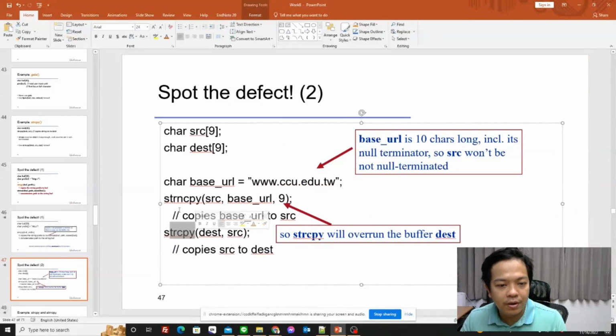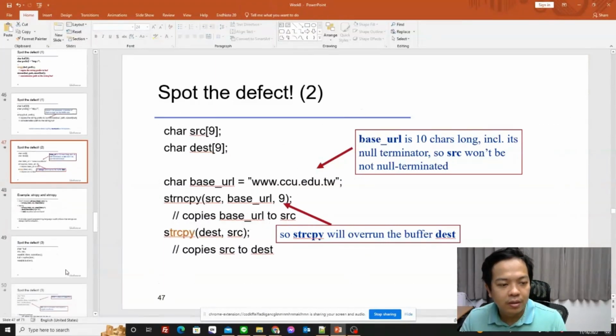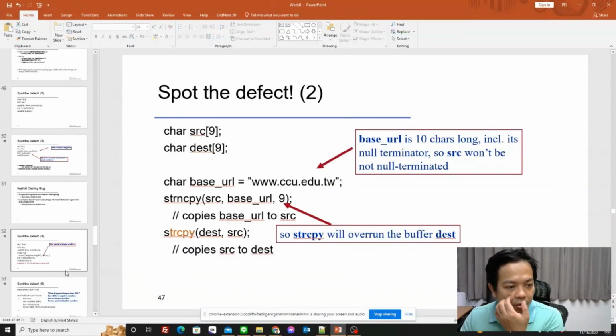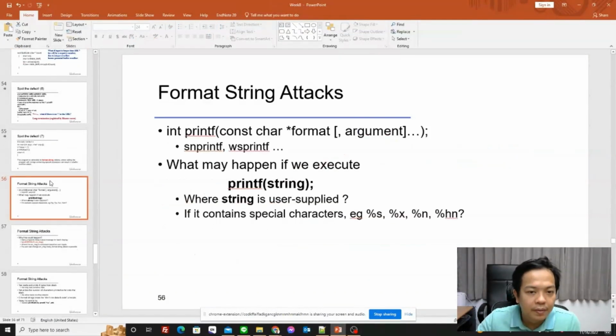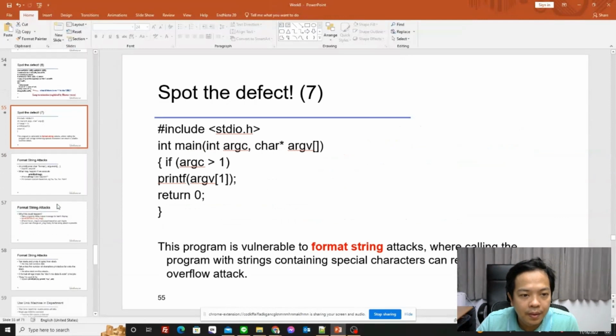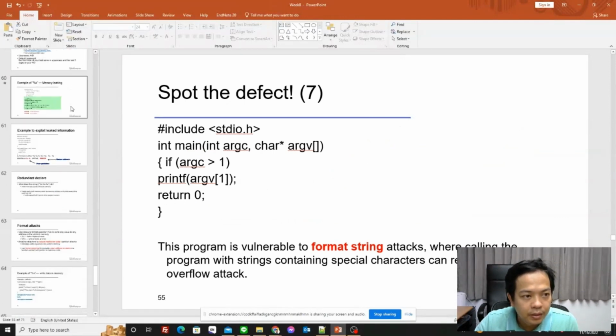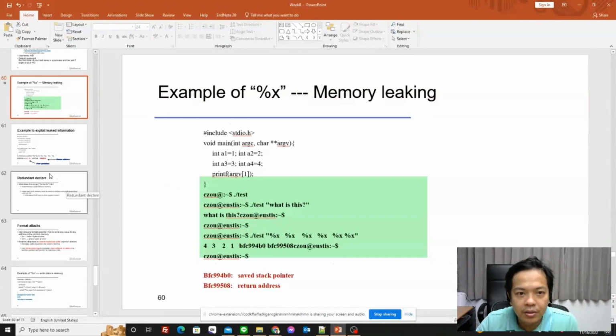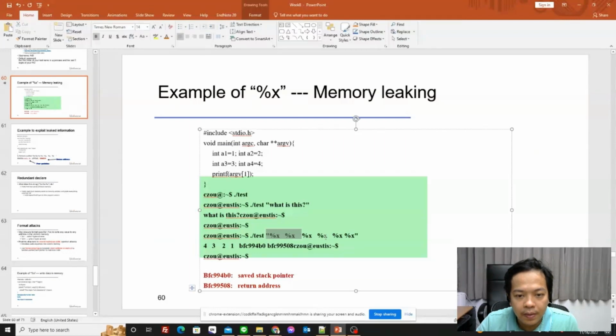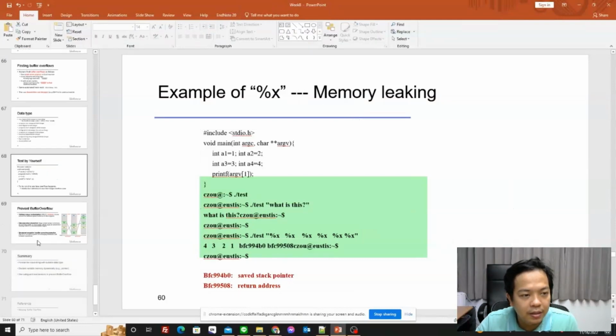String copy is very dangerous, so they don't use it anymore. There are some other functions and some skills to test and check. This one you can check in the slide.